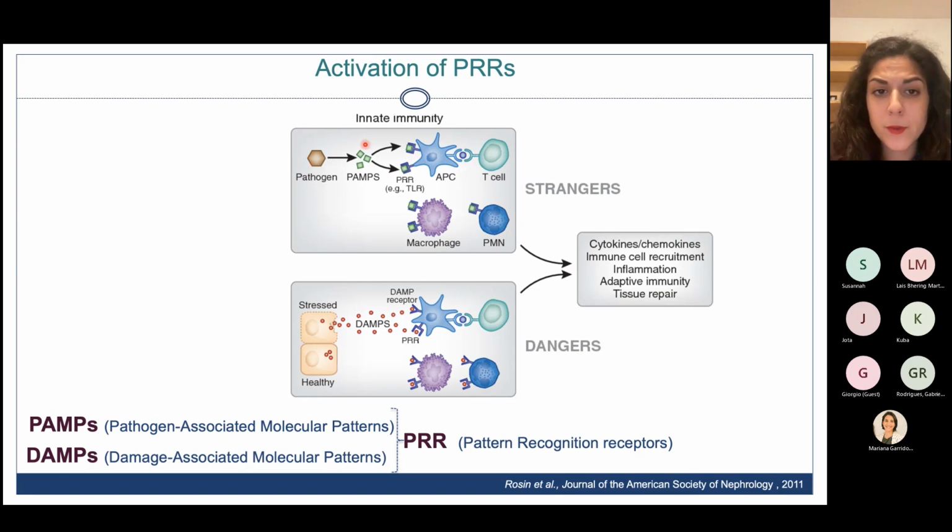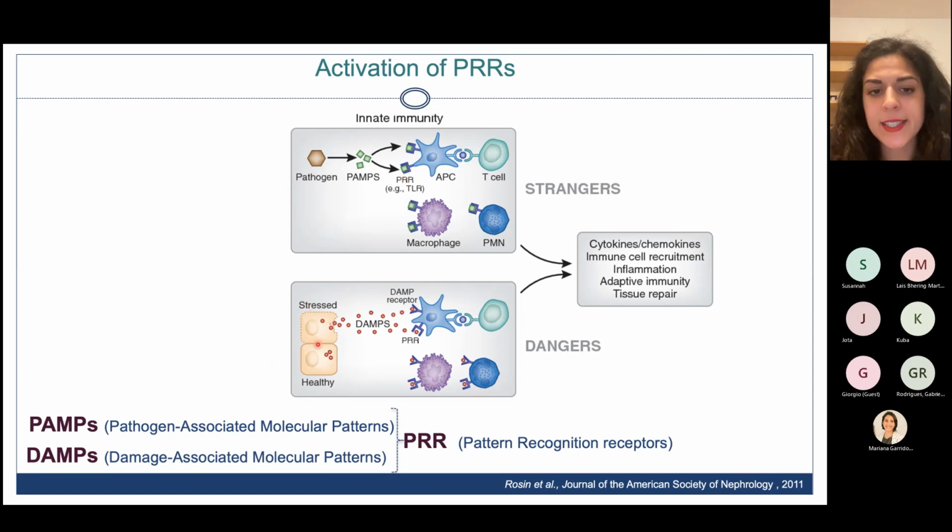All the different pathogens have patterns that are shared between them. And these pathogen-associated molecular patterns, or PAMPs, will be sensed by the immune cells that have this receptor, the pattern recognition receptor.